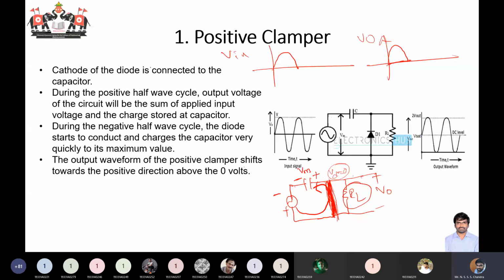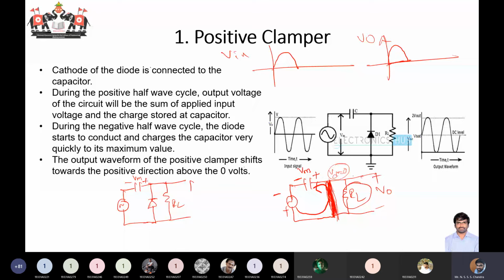Once this capacitor is charged, what will your circuit become? Now this is minus, plus, Vm, and then you have a diode, and then you have an RL over here. This plus, this minus. Now this is Vin.